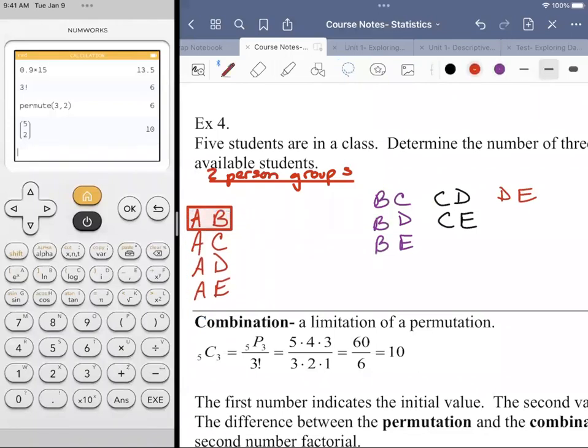Assuming it's persons A, B, C, D, and E, if I'm taking 2 people to be in my group, that means that I naturally have a group of leftovers. And that would be C, D, E.